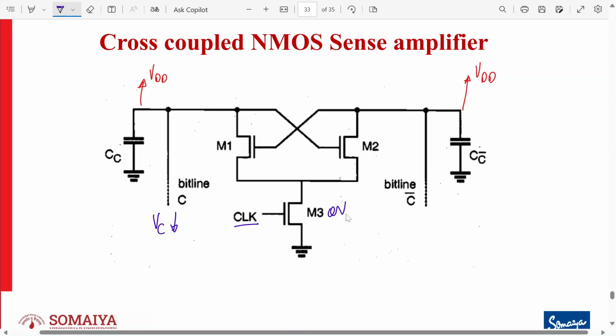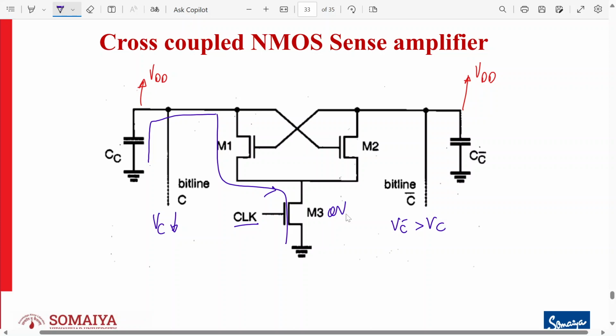And this voltage drops. So we can say VC bar is greater than VC. Okay. So M1 turns on first. If this voltage drops, then M1 turns on first and further pulls down this voltage. Yes or no? So it will pull it down.